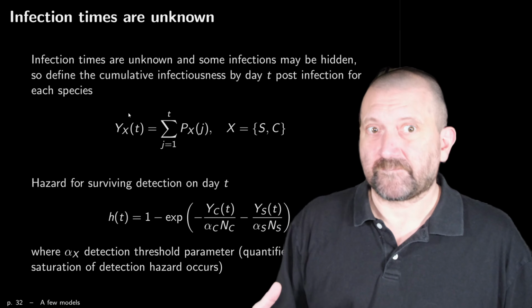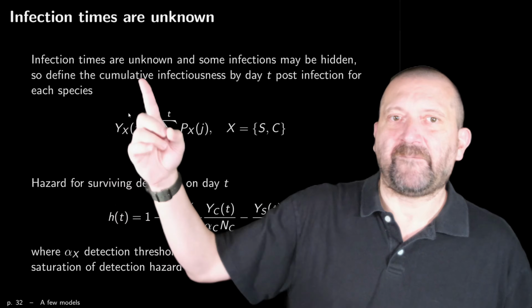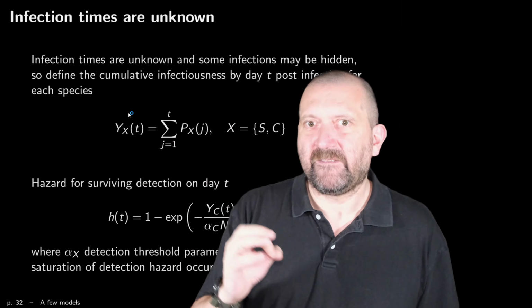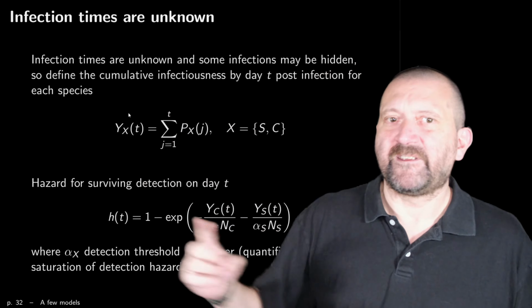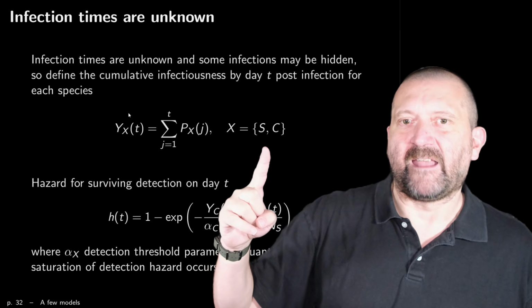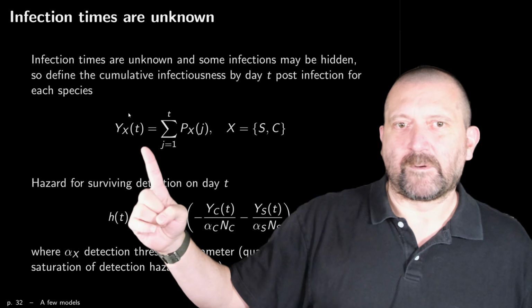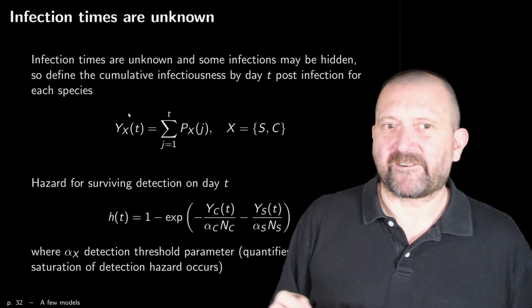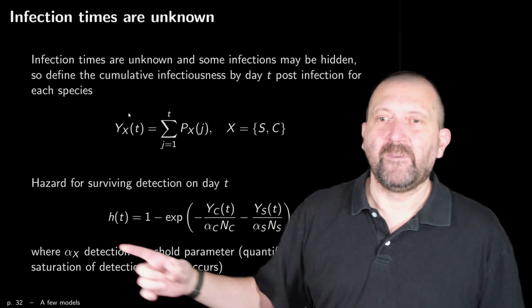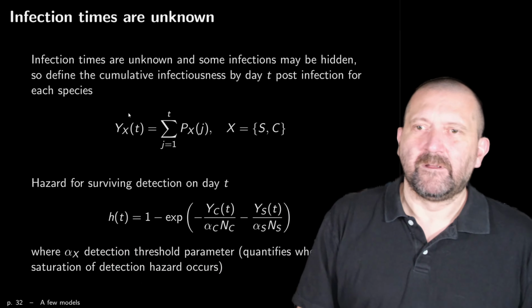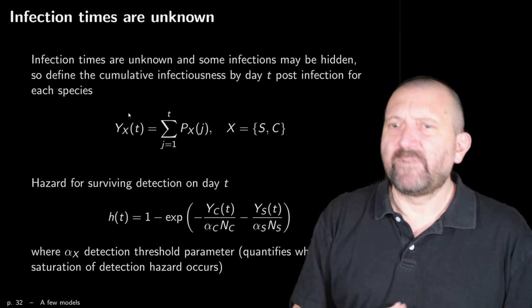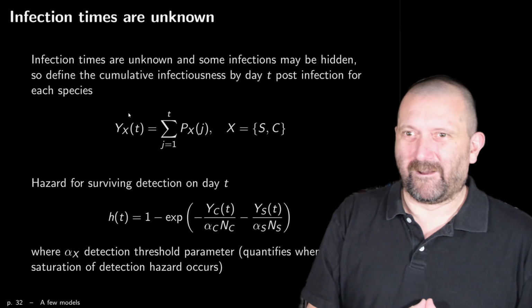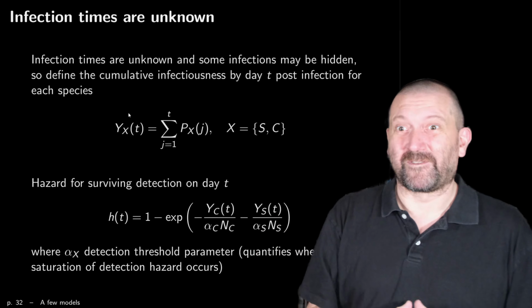And so what they do is they define the cumulative infectiousness by day t post-infection for each species, X being sheep or cattle, the following way, by just taking the sum of those weights of infection, and then they compute the hazard function. I believe I briefly mentioned that in the first part of the course before, in 2022, sorry.